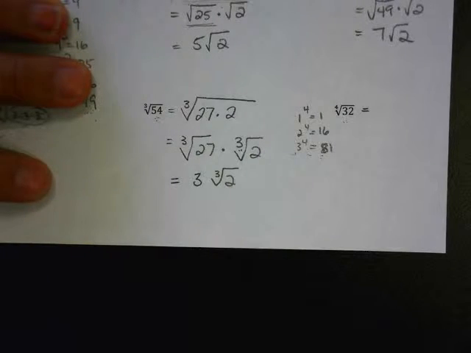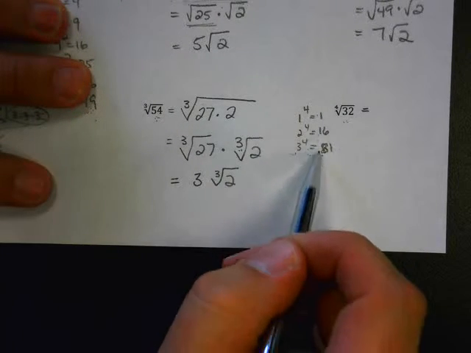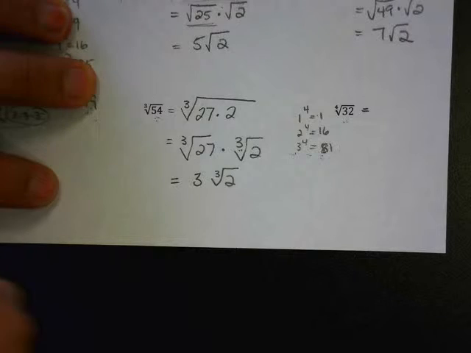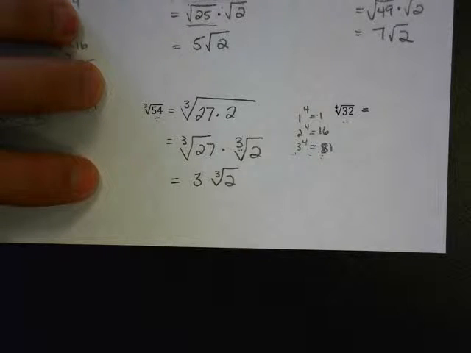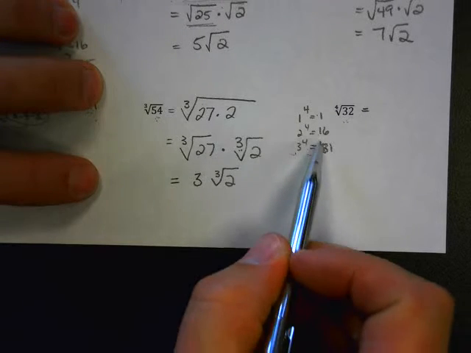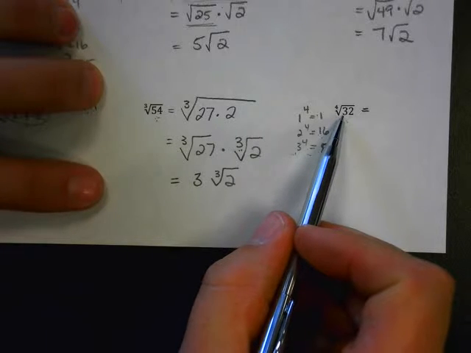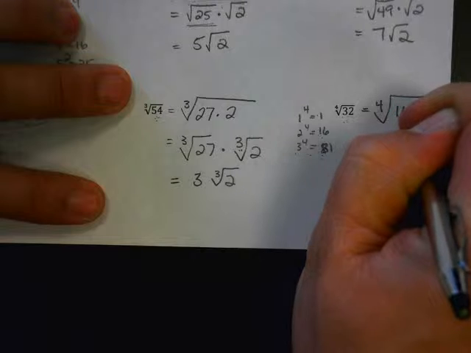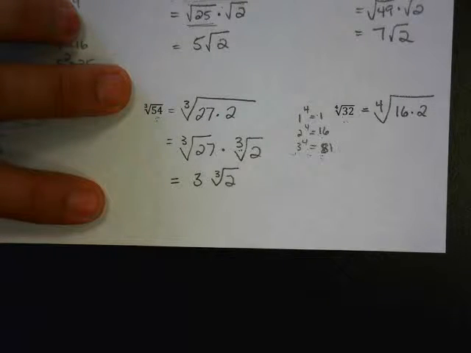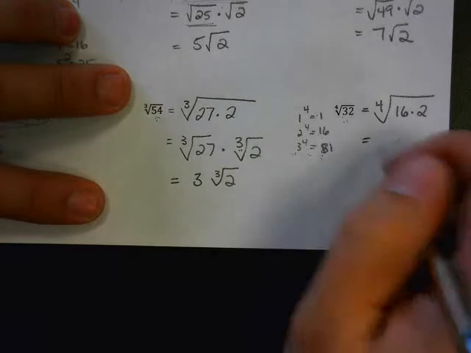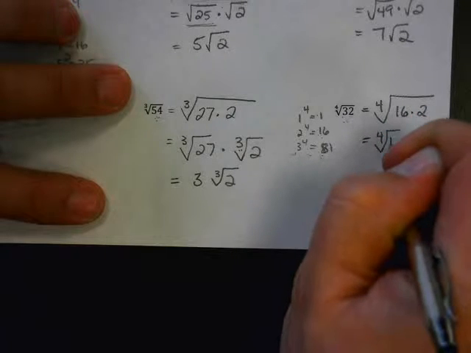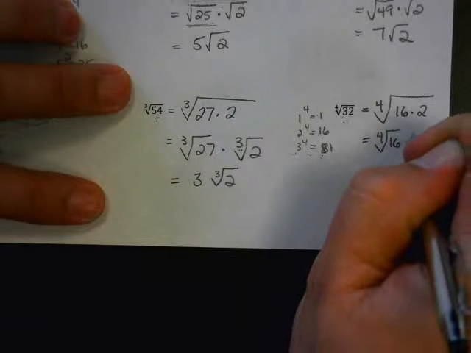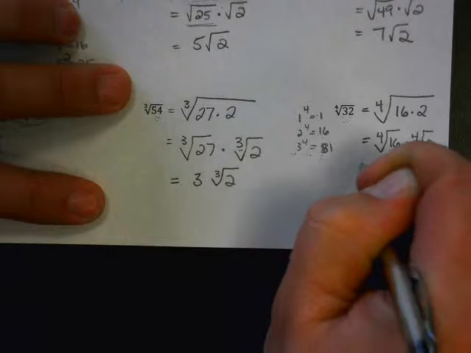So what's the 4th root of 32? Which one? If there is one. If there's not, then we're done. It's already simplified. But is 16 a factor of 32? So this is the 4th root of 16 times 2, which is equal to the 4th root of 16 times the 4th root of 2.